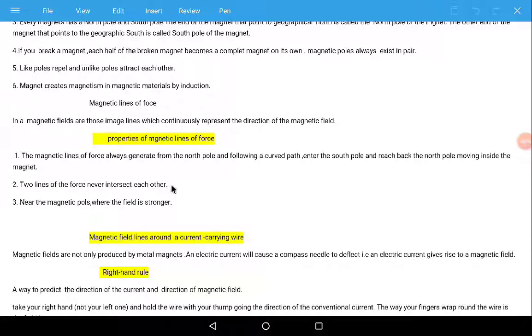because they pass along parallel lines. There is no intersection or crossing of one field line with another.